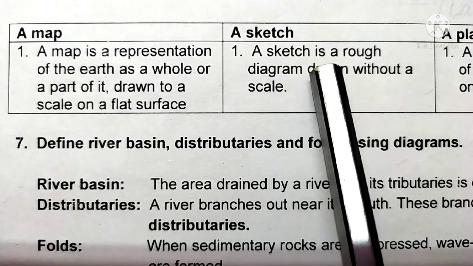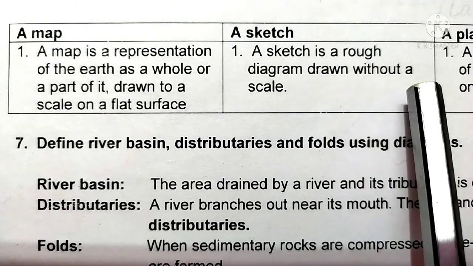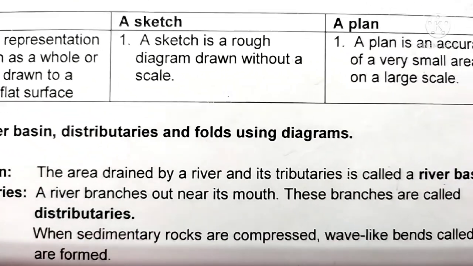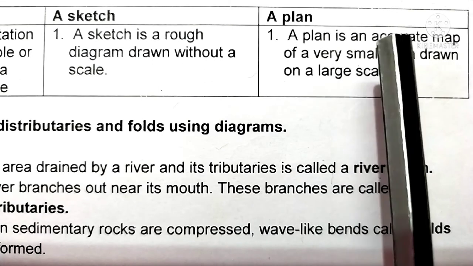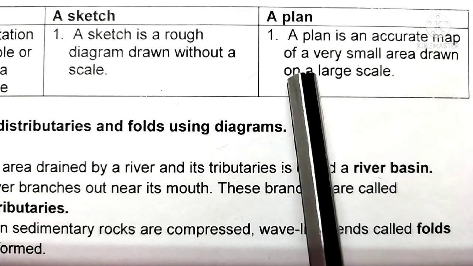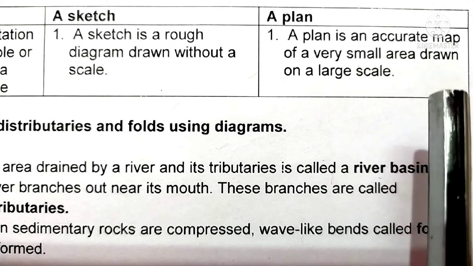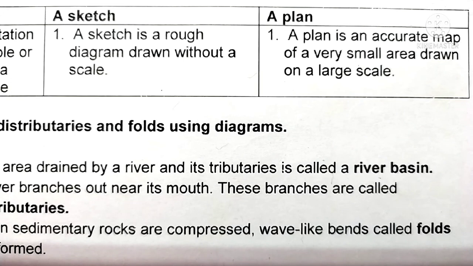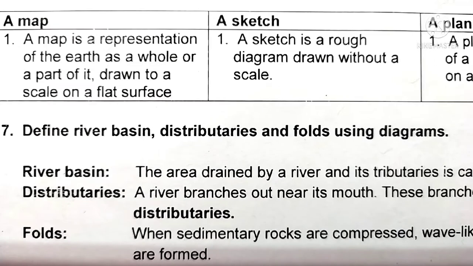A sketch is a rough diagram drawn without a scale. Actually, a sketch is not a precise one as it is drawn without a scale. Third one is a plan. A plan is an accurate map of a very small area drawn on a large scale. So these are the three differences among a map, a sketch and a plan.